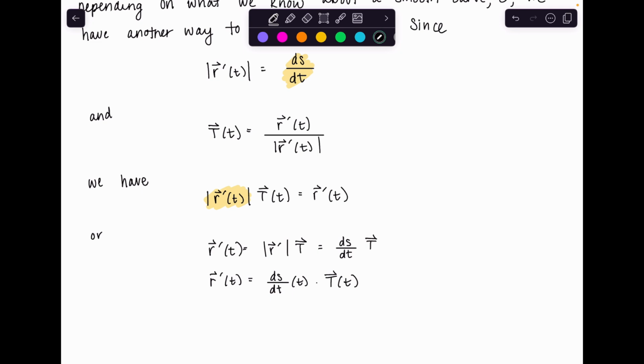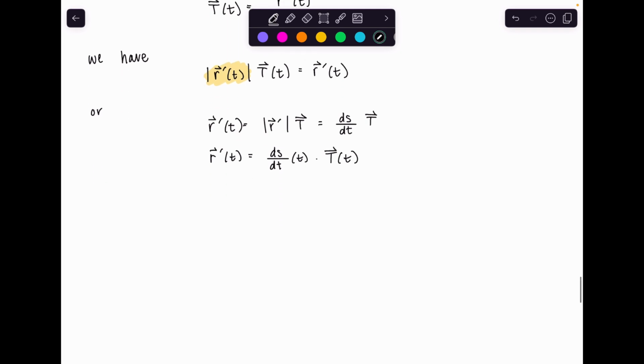I'm just dropping the "of t" part because it would make this even messier than it's about to become. So by taking a derivative, we get the following. The derivative of r prime is r double prime.